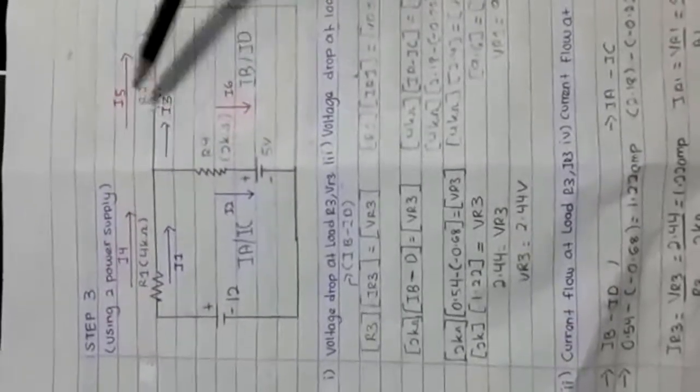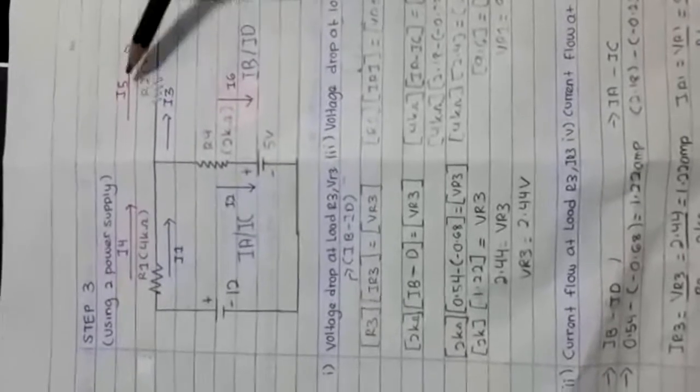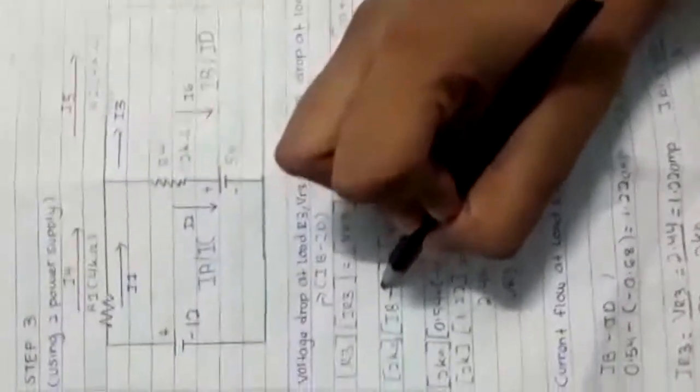VR3 means here. So the current for this loop is I3 and I5. So we have to find the difference between these two. So I subtract IB and then ID. Sorry, I just wrote ID.